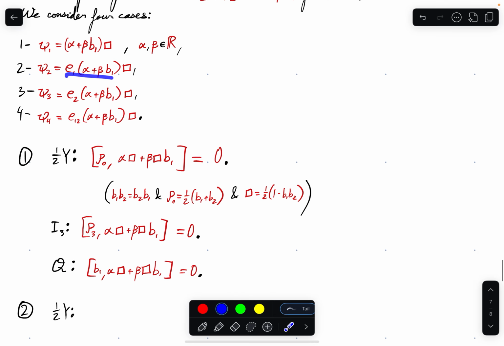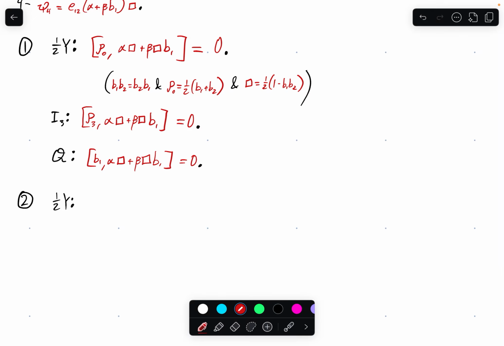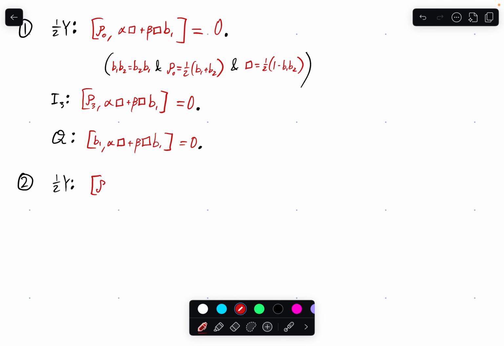So rho naught, then alpha E1 box plus beta, and then recall B1 is equal to E1 bar, which implies that E1 B1 is equal to E1 bar.